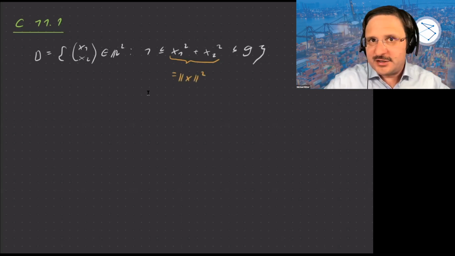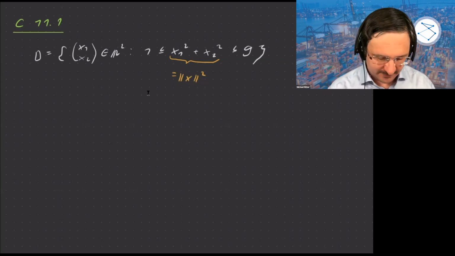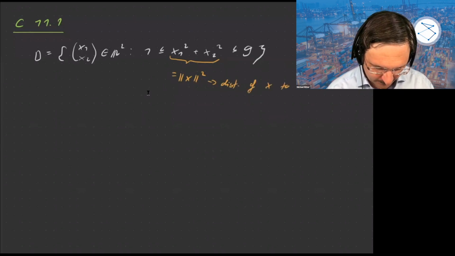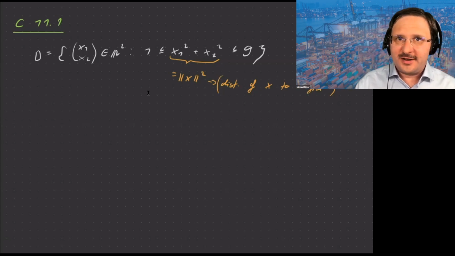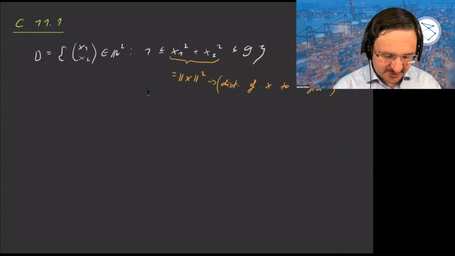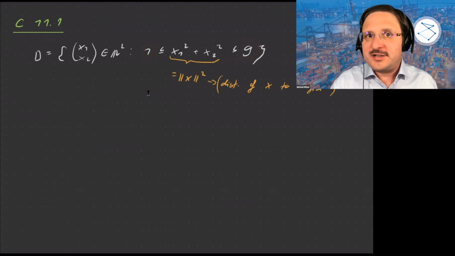That's the distance of a vector x from the origin squared. So what this set D is geometrically is a set of all vectors such that their squared distance to the origin is at least 1 and at most 9. Or in other words, their distance to the origin is between 1 and 3.